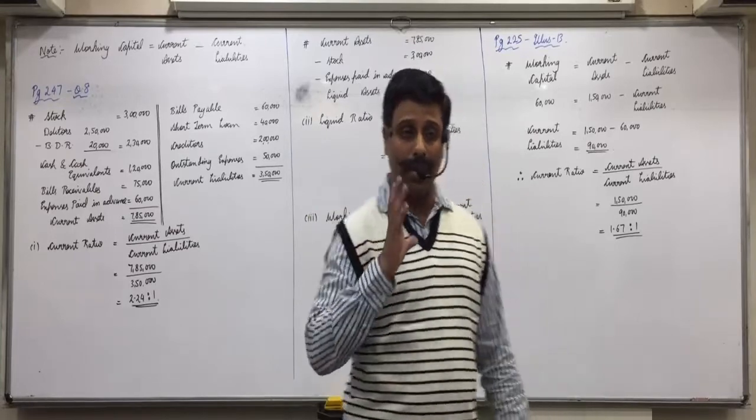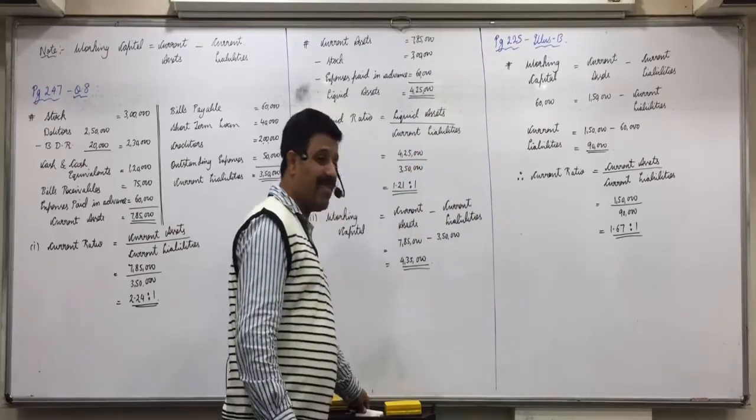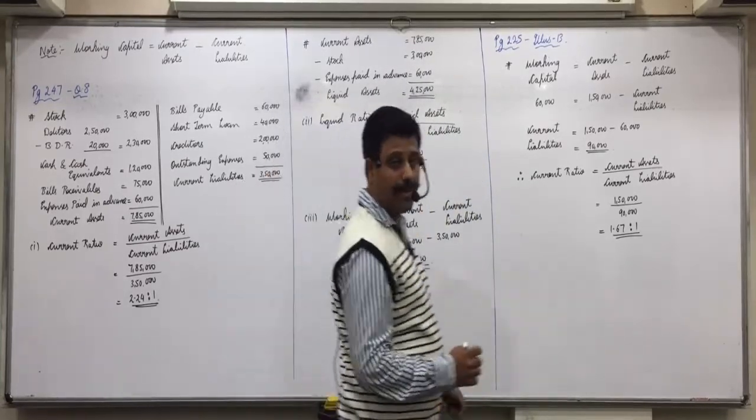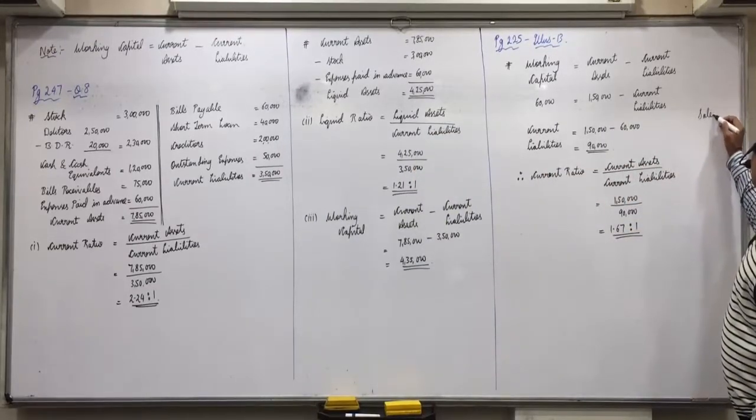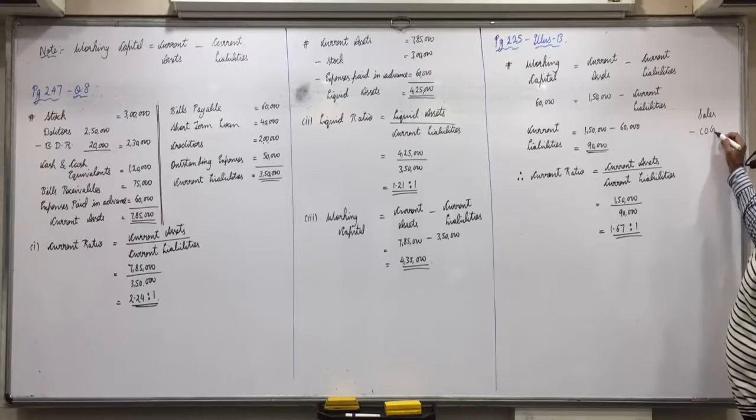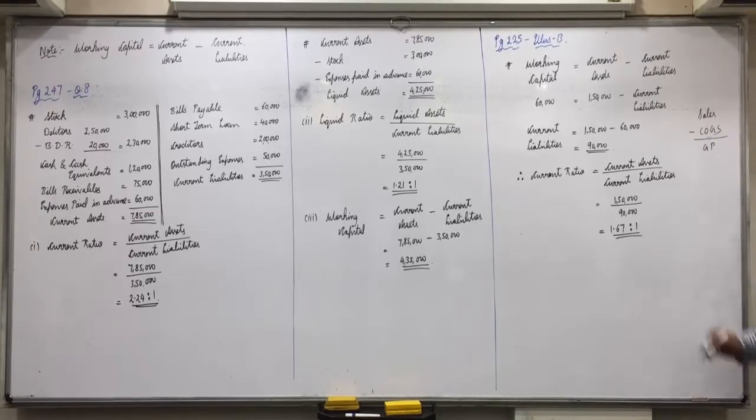So profit upon interest. Now profit is a very vague term. For example, if you take sales minus cost of goods sold, you get gross profit. From that, you minus operating expenses, you get profit or earnings before interest and tax.